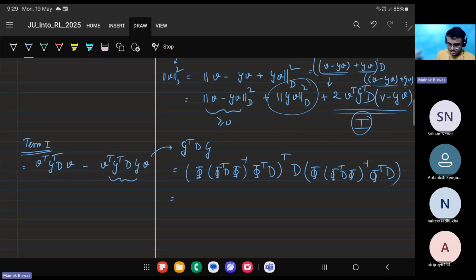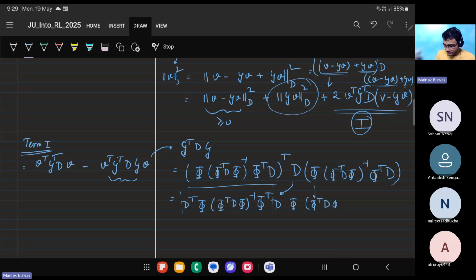Can you help me? D transpose phi transpose D phi inverse phi transpose D. So this D is here. This term is this term: phi transpose D phi inverse phi transpose D.